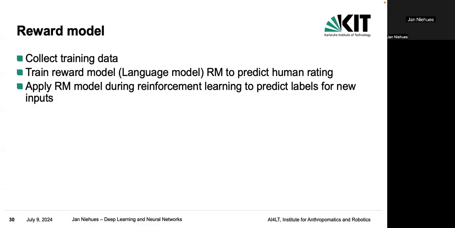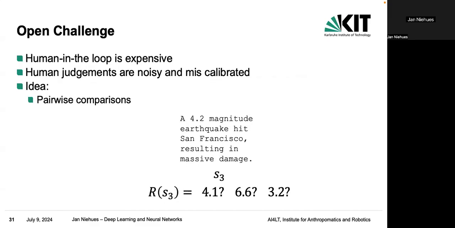However, there's one additional challenge, and that's more in the first part, in the collection of the training data. I mean, human in the loop is expensive, but also the human judgments are typically noisy and miscalibrated. So if you get a 4.2 magnitude earthquake in San Francisco resulting in massive damage, what reward do you want to give?